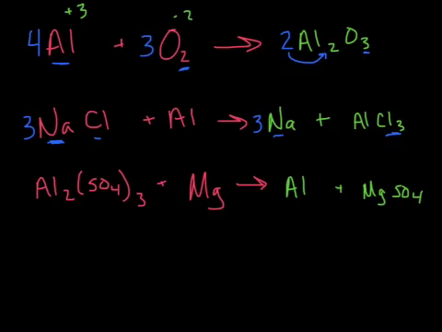So aluminums. Well, let's start with aluminum sulfate. I have 2 aluminums. That's easily remedied. We're balanced on aluminum. We have 3 sulfate. Go ahead and put 3. We now have 3 sulfates. Well, now we have 3 magnesium. Put a 3 in front of that magnesium, and we're done.